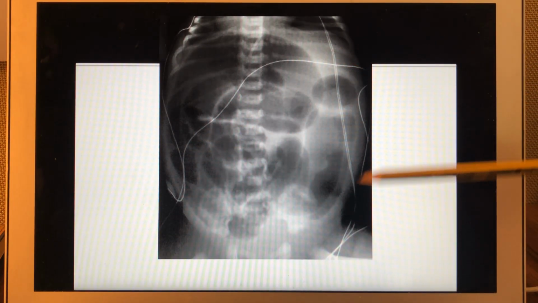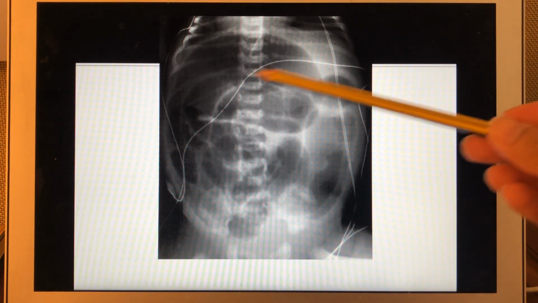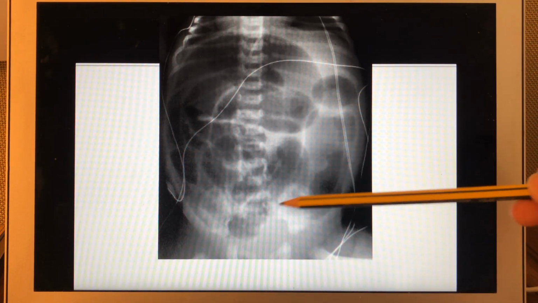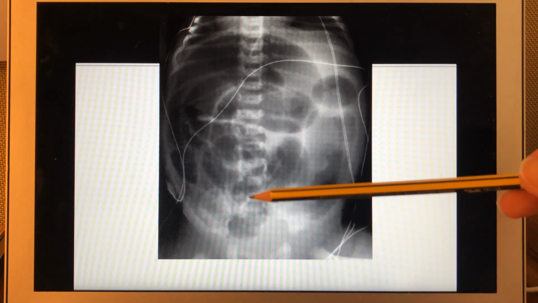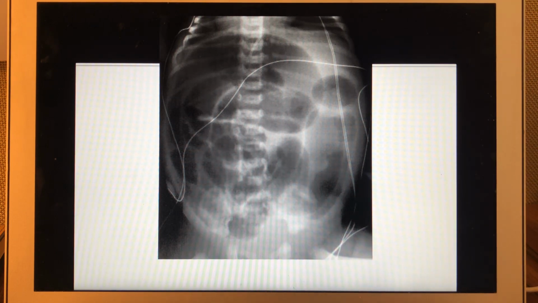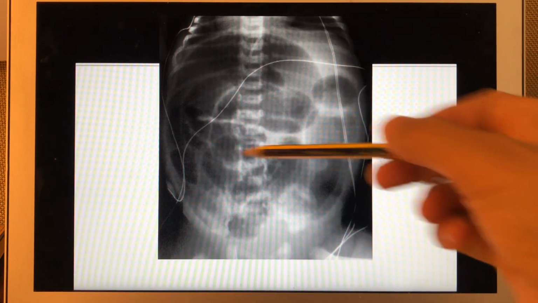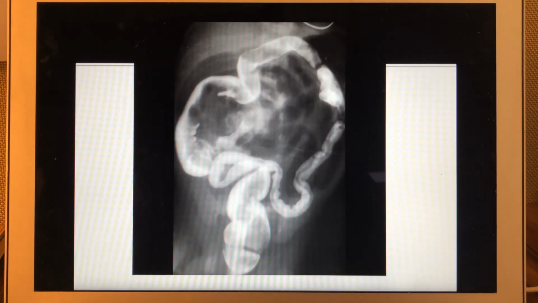If you look at the X-ray, which should be the first investigation you perform, there are lots of dilated loops of small intestine, and the abdomen is distended, which is suggestive of distal small bowel or colonic obstruction, compared to the jejunal atresia, where there are only a few dilated segments of small bowel. Here you can see many segments of small bowel dilated.